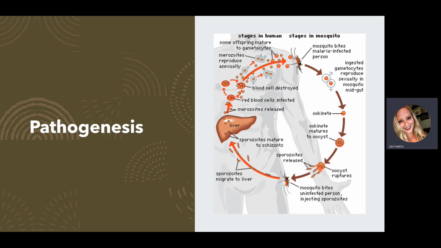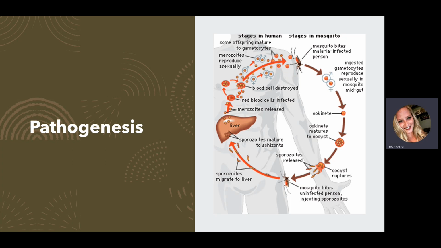They then grow and divide, and as they do this, they destroy the blood cell and cause it to rupture. Most of the merozoites reproduce asexually, while others, called the gametocytes, will reproduce sexually. This particular type will mate when they are in the gut of a mosquito that has bitten an infected person.